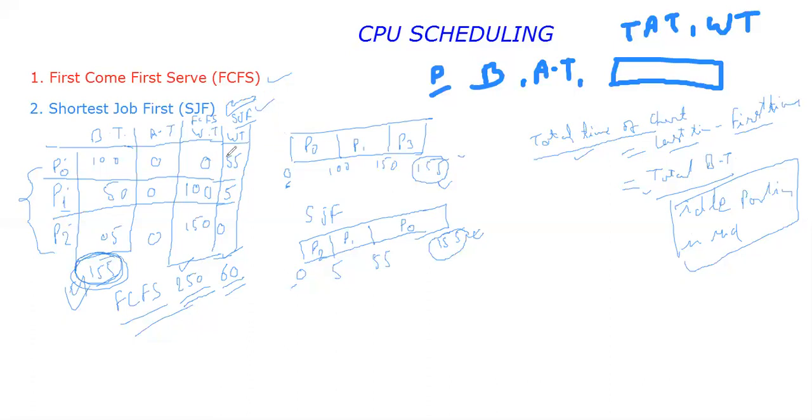Now, shortest job first has two different variations with respect to execution: one is preemptive and the other is non-preemptive.